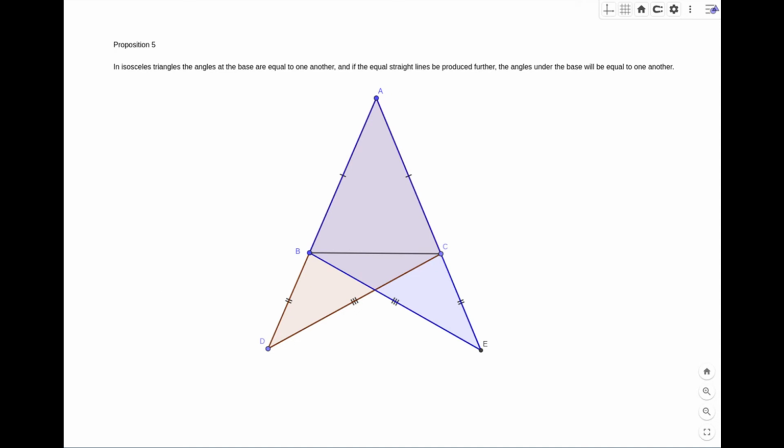And so if we plot each one of those, then we see that yes, those two angles are going to be congruent as well. Now we're done with those two triangles, so let's turn off our red triangle and turn off our blue triangle, and let's now look at a couple of other triangles.